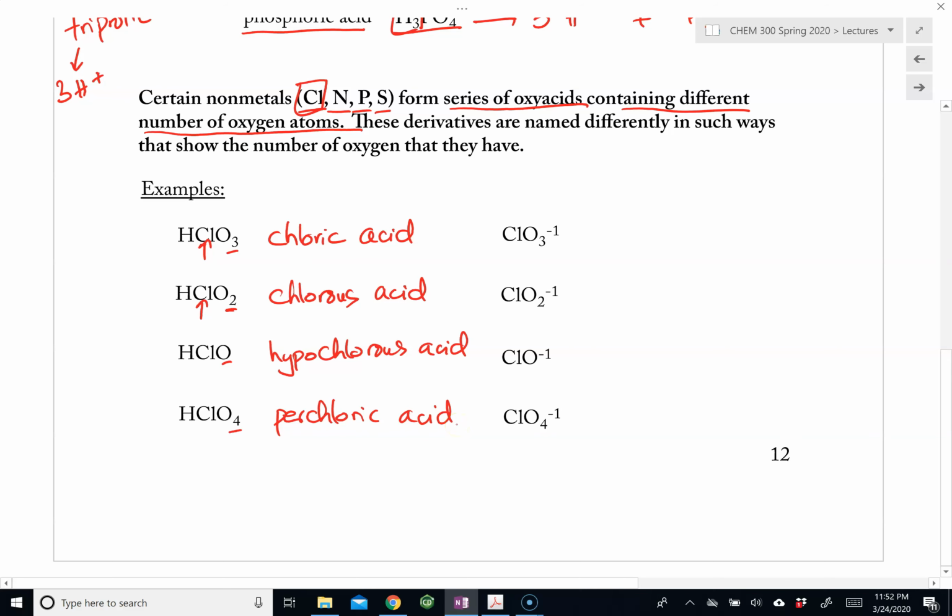Now, there are differences among them, right? And it's quite difficult because there are now up to 4 different names that we have to remember. And if we were to have a different nonmetal in here, then we'll end up with a lot of these ic, ous, hypo, and per acids as well, which adds up to quite a whole lot.